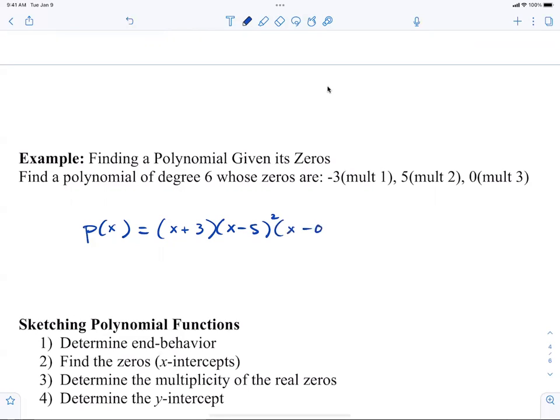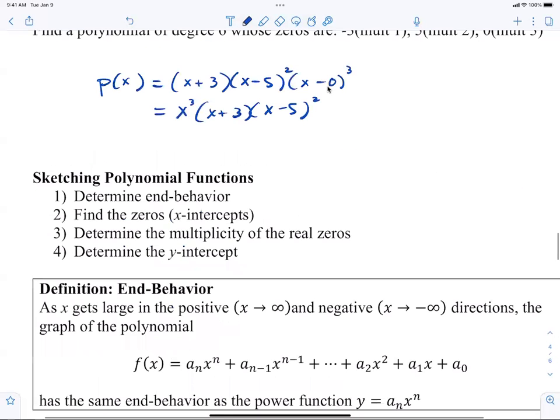You could think of that as being x minus 0 cubed. You can pull the x cubed out front if you want. Multiplication is commutative, so the order of the factors doesn't matter. Easy peasy lemon squeezy.